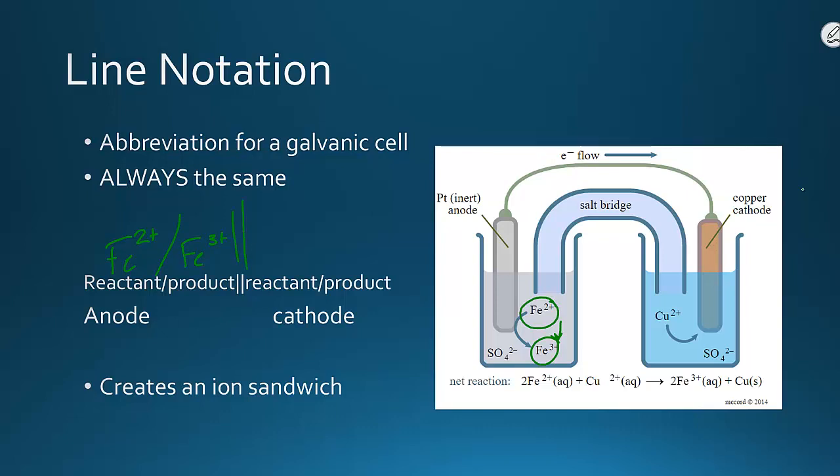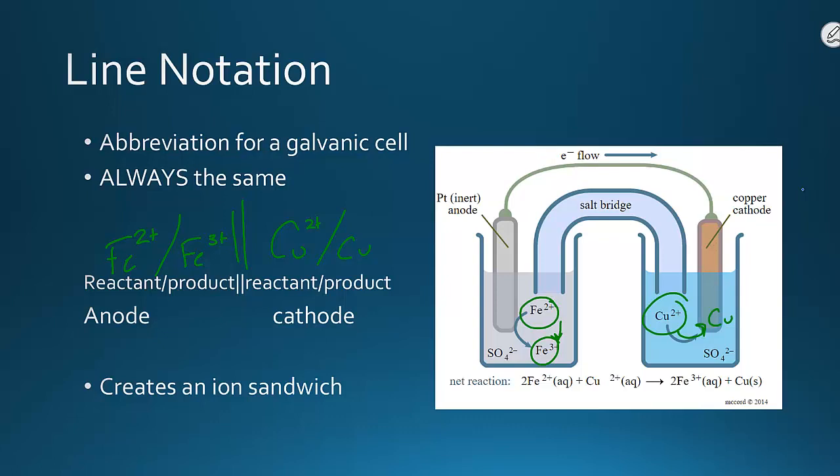The salt bridge we would symbolize with double lines. And then in the other half cell, copper ions become solid copper. So this would be the line notation for the galvanic cells seen here.